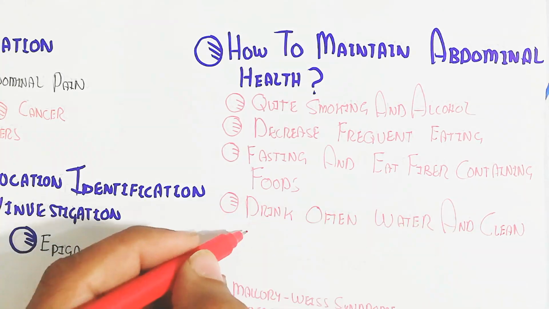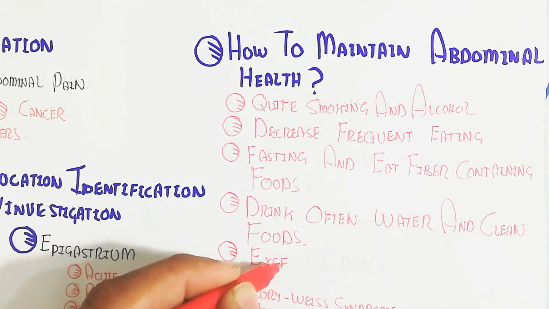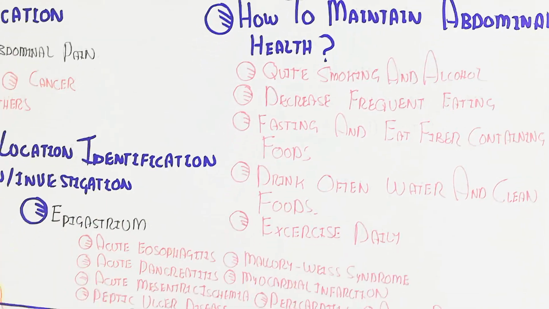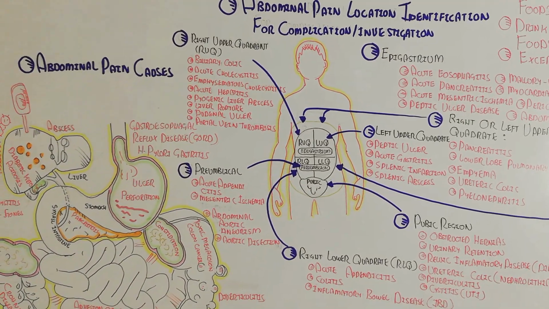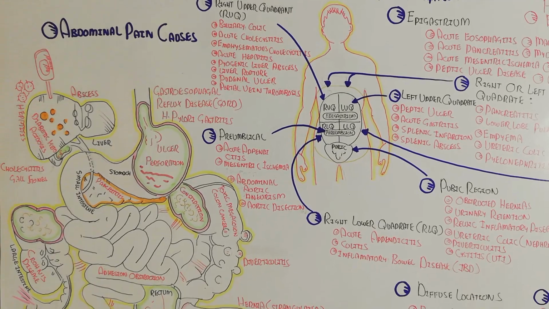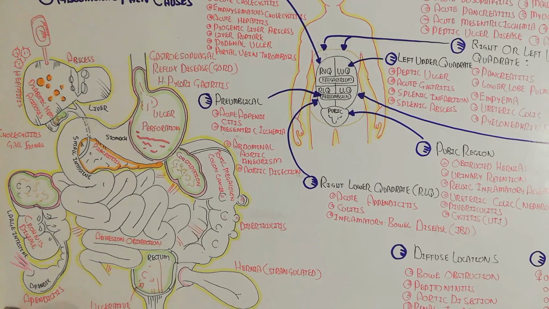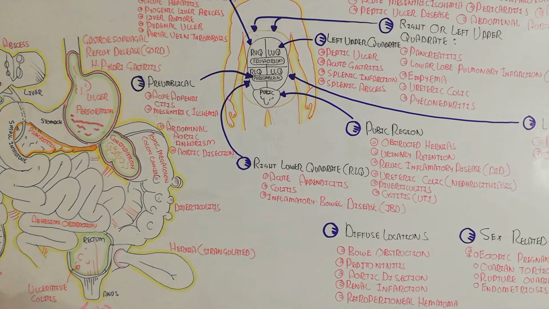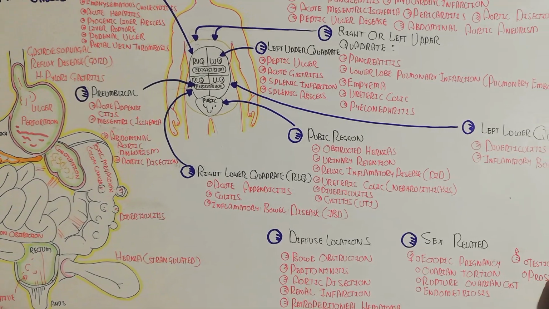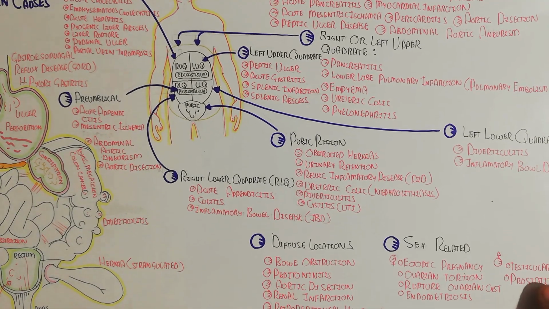Exercise daily to keep the microbiota in our gut healthy, as well as a healthy lifestyle, which will help prevent abdominal pain. This video was about abdominal pain classification and abdominal pain causes region wise due to disease. Thanks for watching.